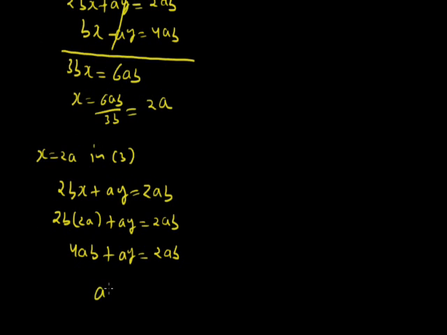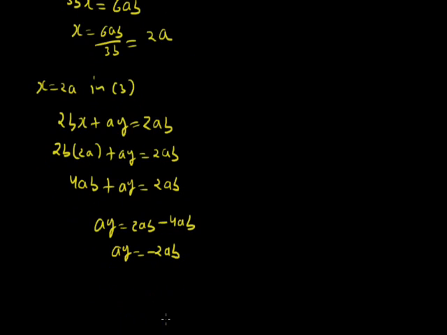Now ay is equal to twice ab minus 4ab. So ay equals minus 2ab. So the value of y is minus 2ab divided by a. So a and a get cancelled, I get minus 2b. So the final solutions are x equals 2a and y equals minus 2b.